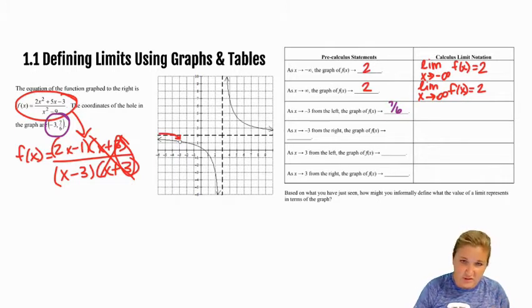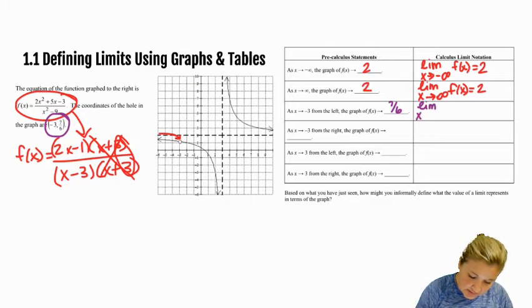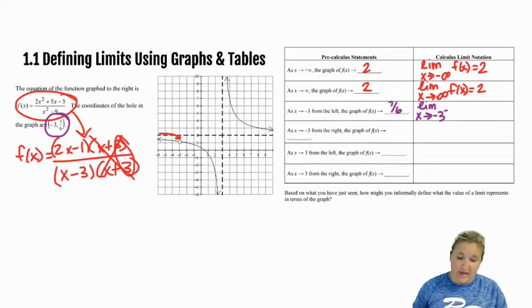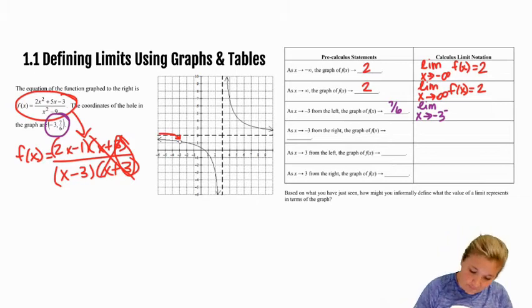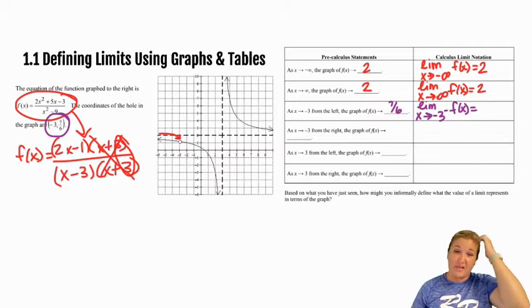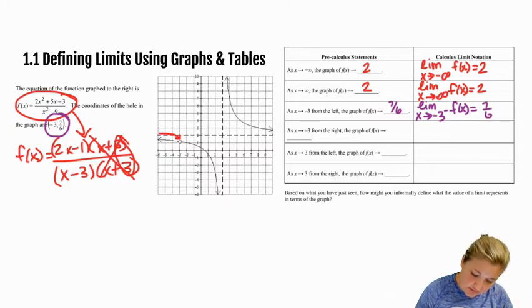So this is a little different way to write this. We're going to say the limit as x approaches negative 3 from the left. That little negative looks like a little exponent negative, like you forgot a number. No, we just write it like that. Of f of x. That tells me I'm looking at the negative side, or the left side, the left behavior, and that is going to be 7/6.